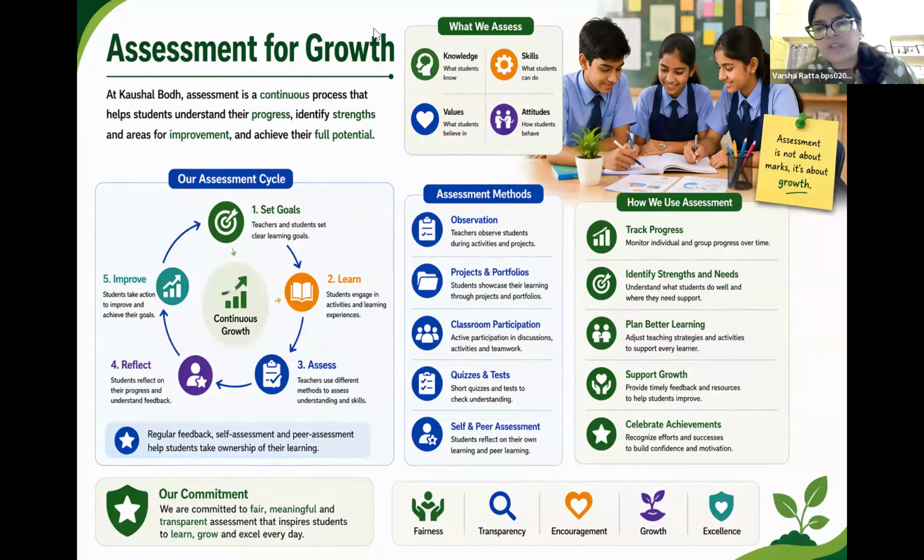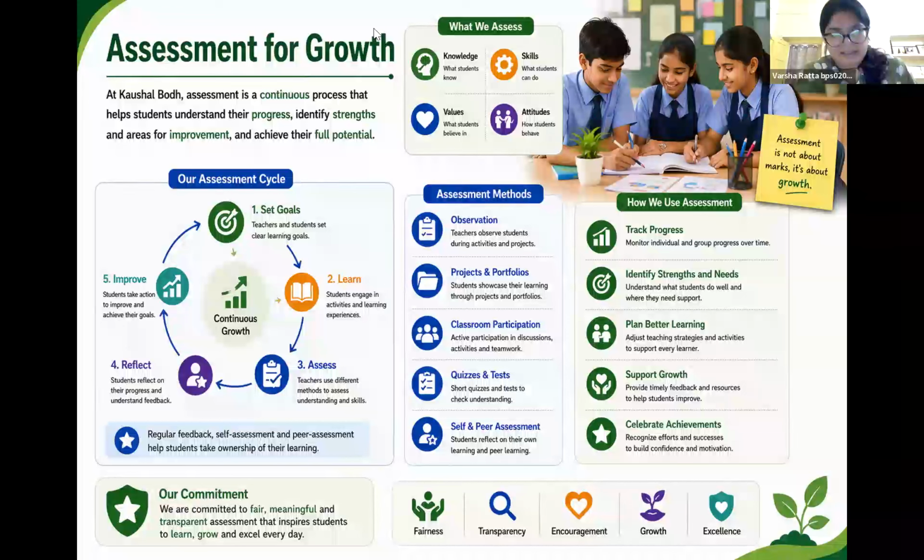Classroom participation को आप judge कर सकते हो. आप quizzes ले सकते हो, छोटे टेस्ट ले सकते हो, and obviously self or peer assessment कर सकते हो. But for this, you will have to create your rubrics, right? And obviously the growth, and obviously if there is a special achiever, please celebrate the achievement.